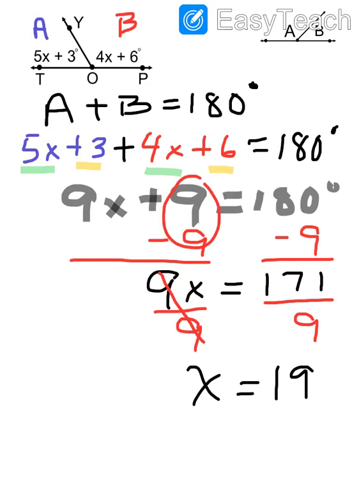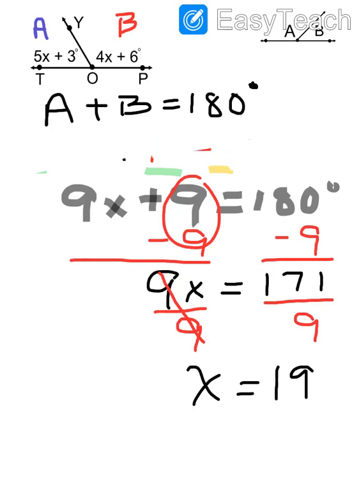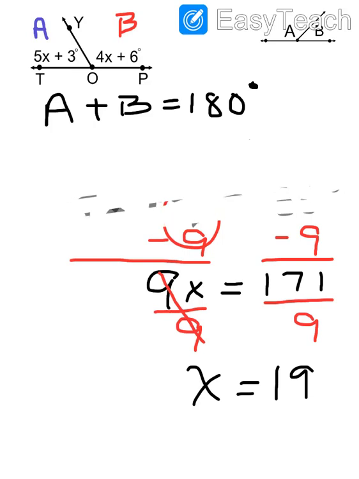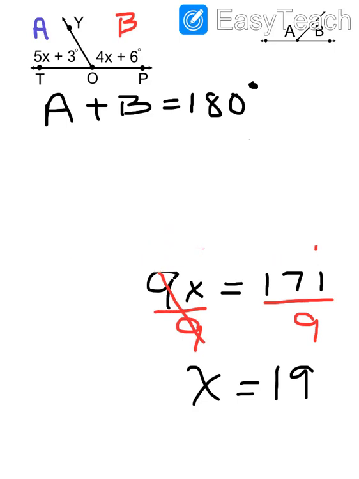So let me erase the things that I need to clear out first. Once I erase this, I'm going to set up in a way that I find out what each angle measure is.